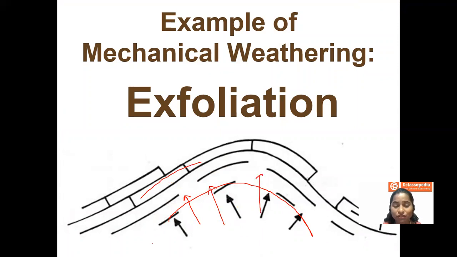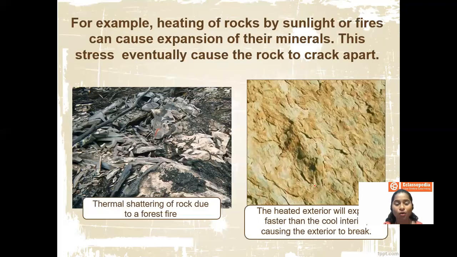Because of this pressure from the inside, the outer layer will tend to break and exfoliate in the form of thin layers over time. These are images showing cracks in the rocks due to continuous exposure of rocks to sunlight or fire.